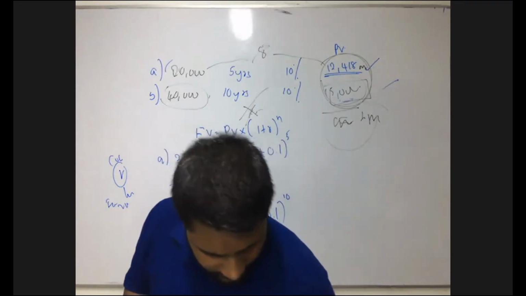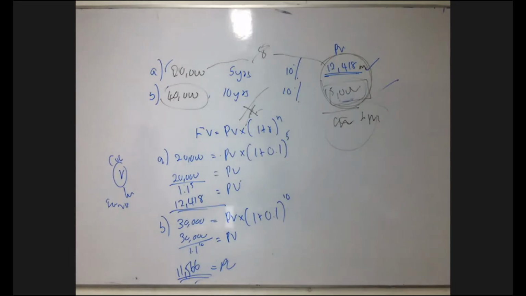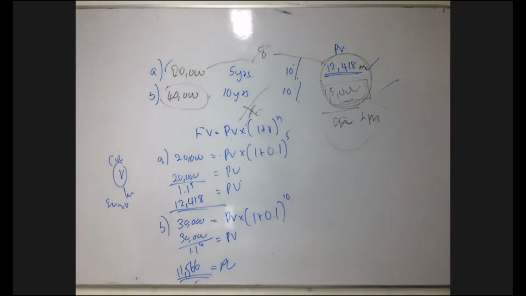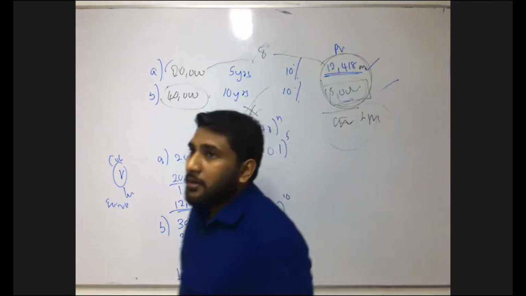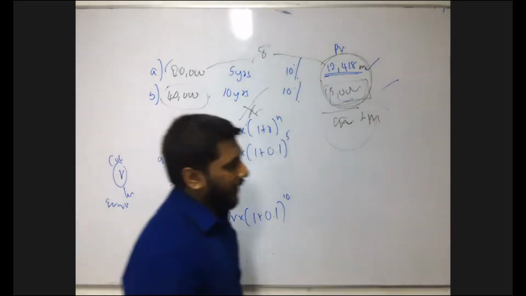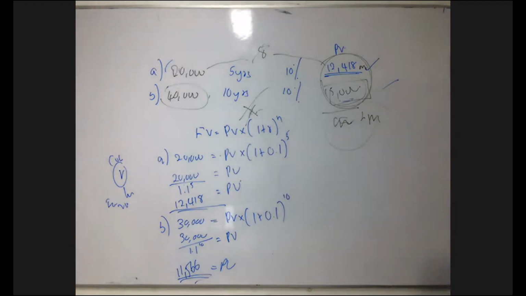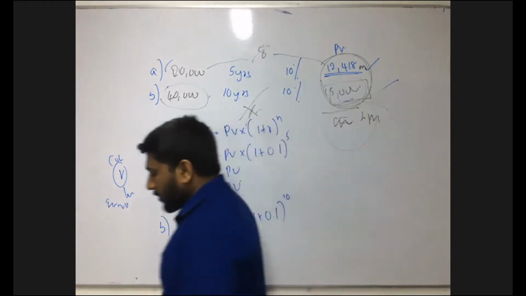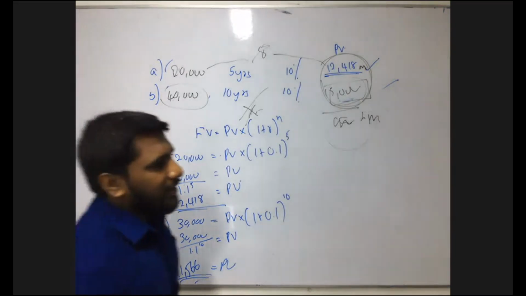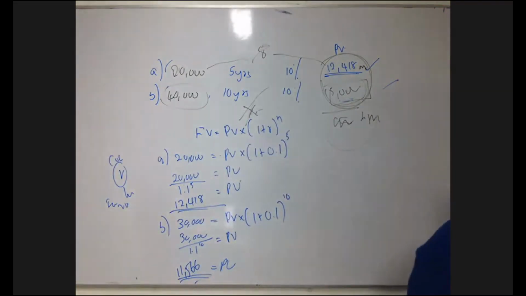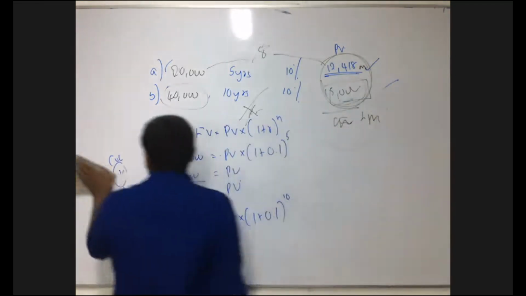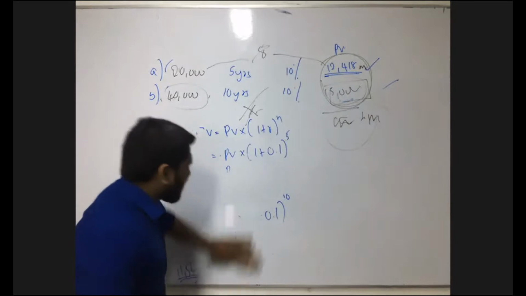Okay, guys, write down this question. Mr. A expects to get 50,000 US dollars in another 5 years' time. The rate is 10%.